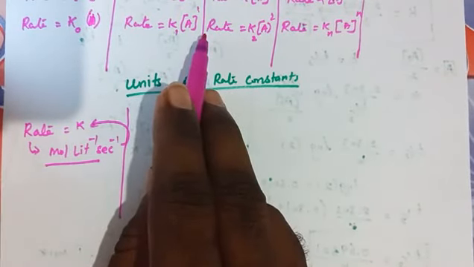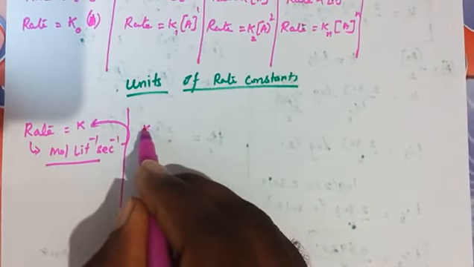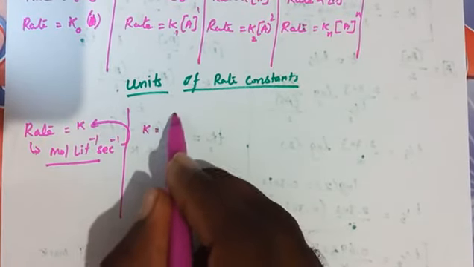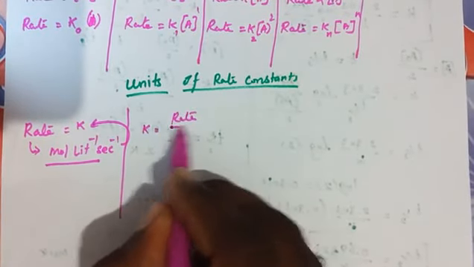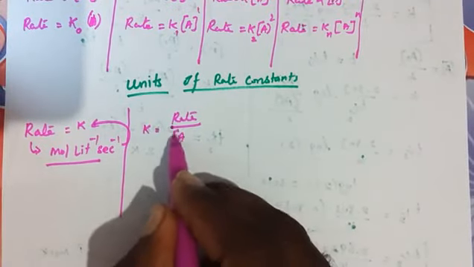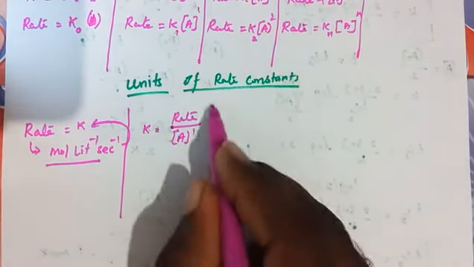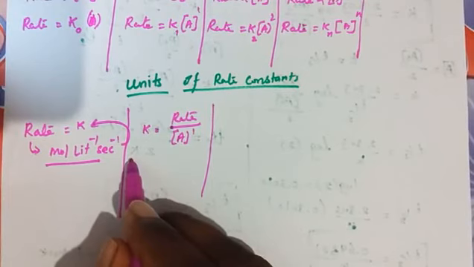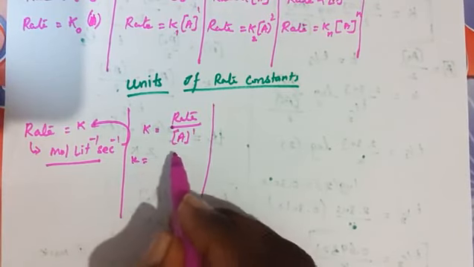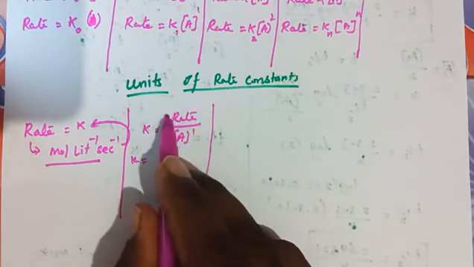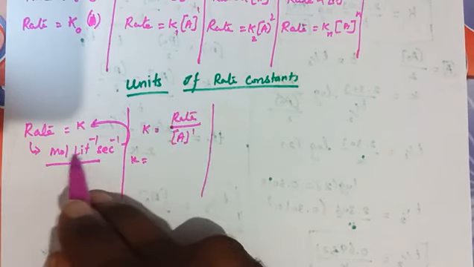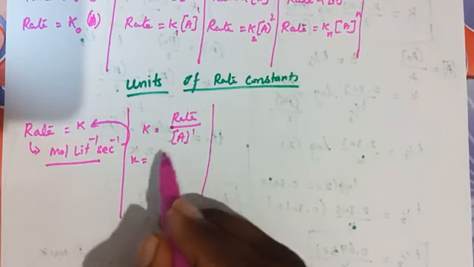In the same way, for first order reaction, rate is equal to K into A concentration to the power 1. Rearranging this equation, K is equal to rate divided by concentration to the power 1. We already know the unit of rate, mole liter inverse second inverse.